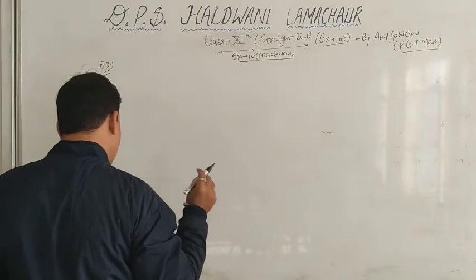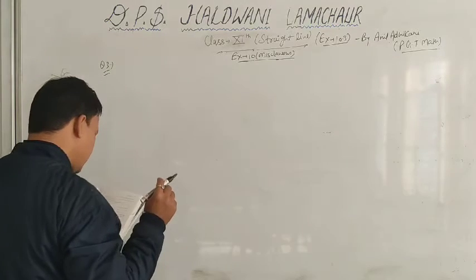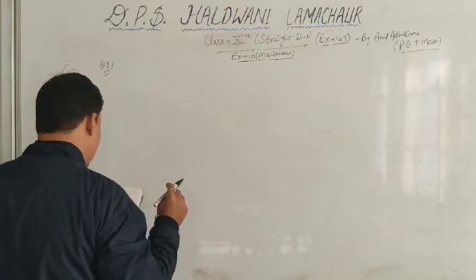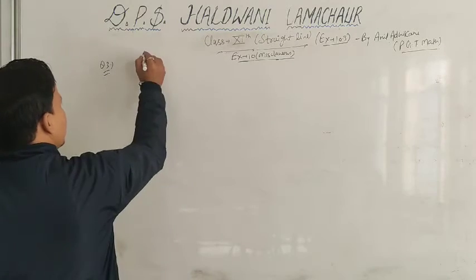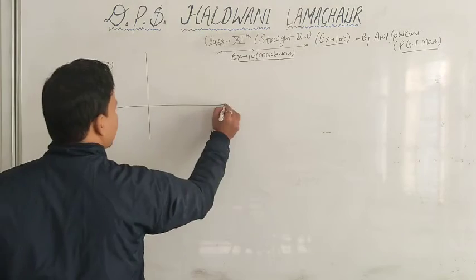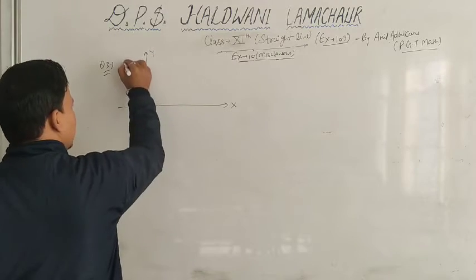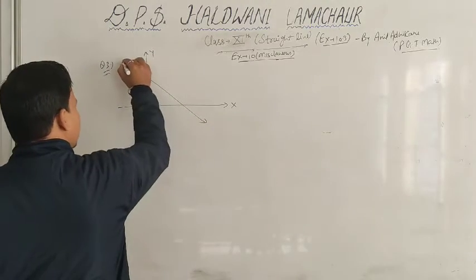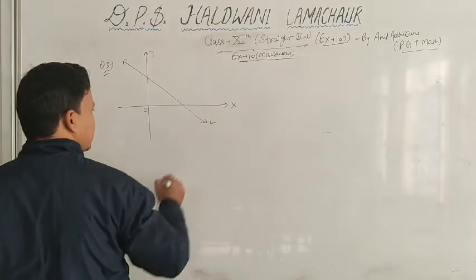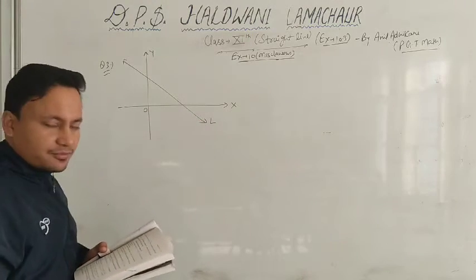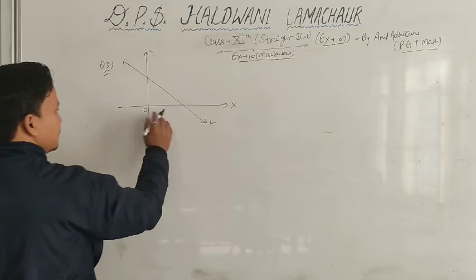Find the equation of the lines which cut off intercepts on the axes whose sum and product are 1 and minus 6. So let this be the coordinate axes, this is the x axis, this is the y axis, and this is the origin. And let this be the required line, whose equation we have to find.